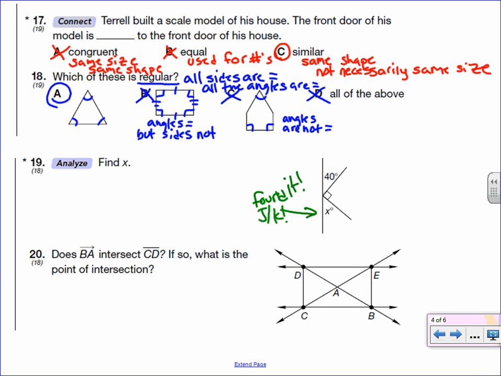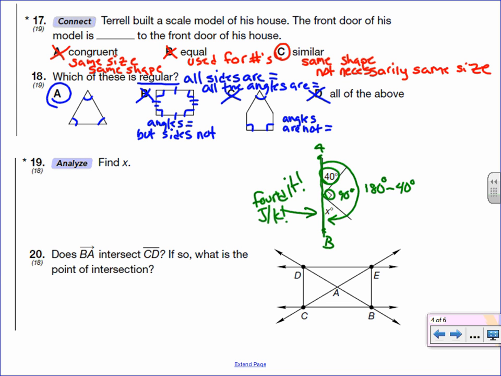Well, we can see that this right here is a straight line. So this entire angle from, let's say, point A to point B is 180 degrees. We know that this angle is 40, so we'll take off 40 from 180. And then this symbol here means that this angle is 90 degrees.